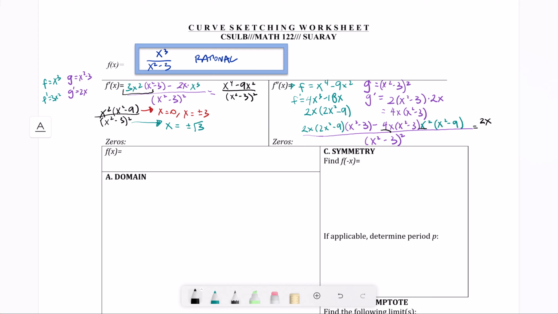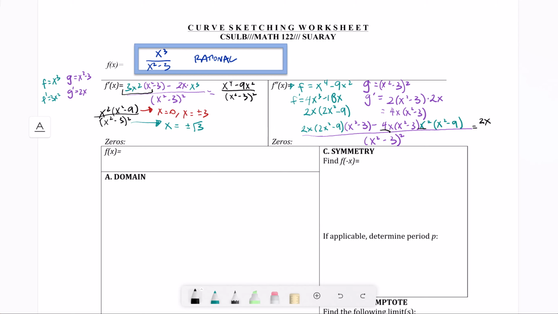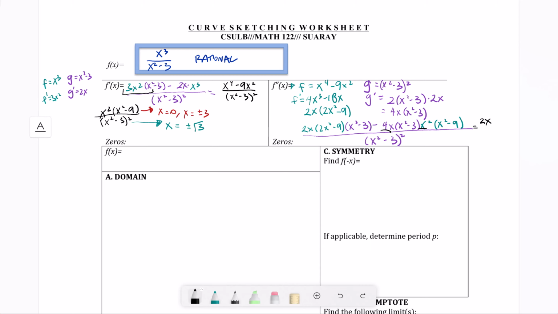In this term and in this term, there'll be the x terms, right? So the x terms, the most we can get out of it is a 2x. Then there's going to be the x squared minus 3 terms. I see I have 1 here, right? And then I have, actually should be 2 for my f prime g. So I have 2 here. I'll be able to factor out an x squared minus 3.